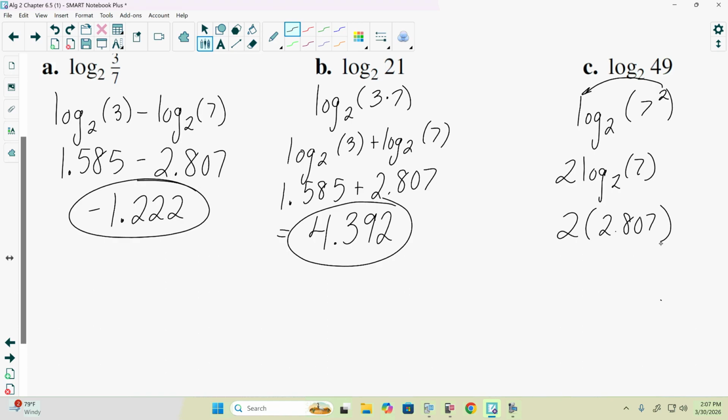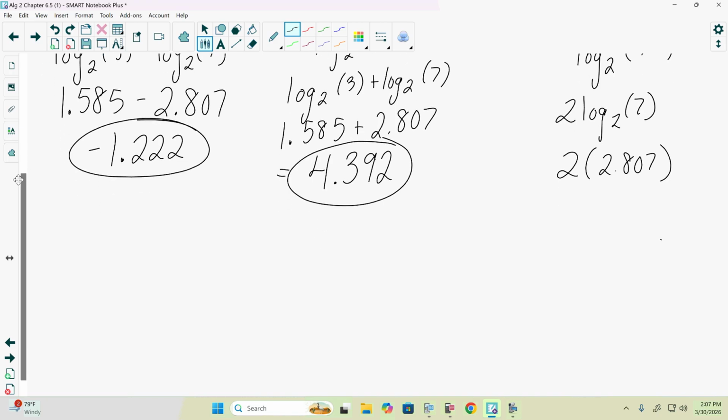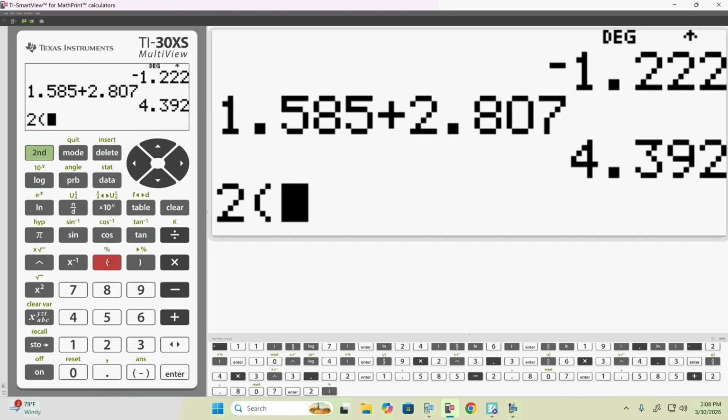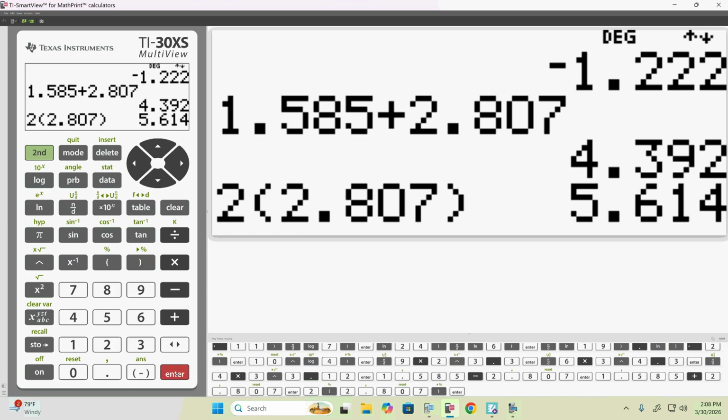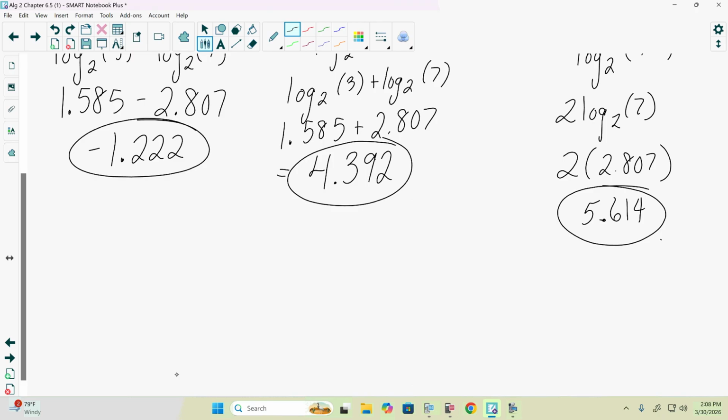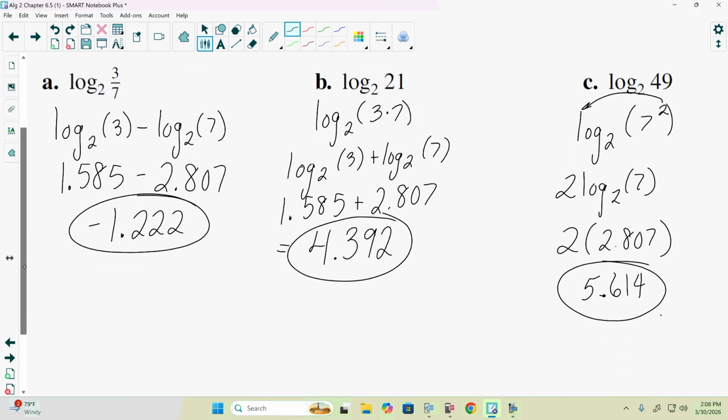Well, we know log base 2 of 7 is 2.807, so we're multiplying it by 2. 4 carry the 1, 6 carry the 1. I believe we should get 5.614. Questions on these here?